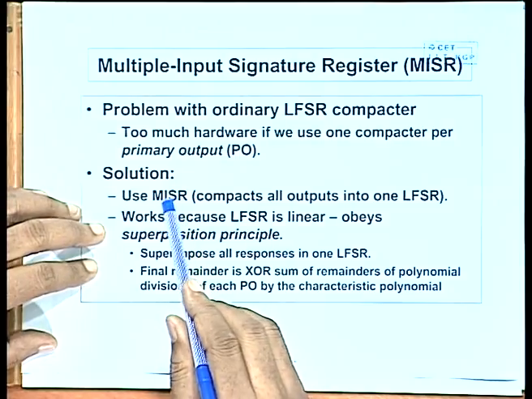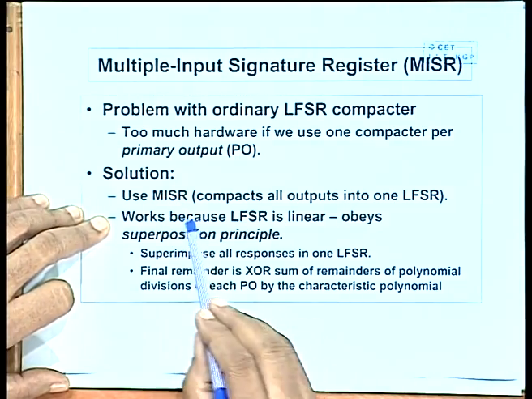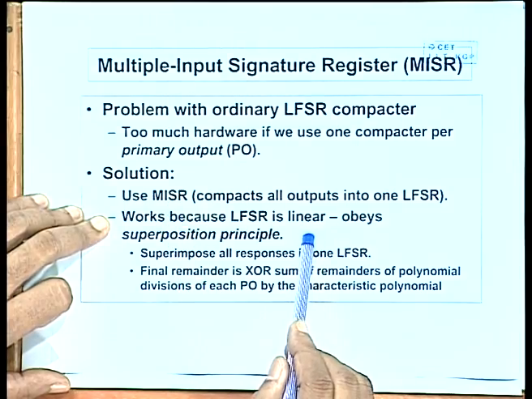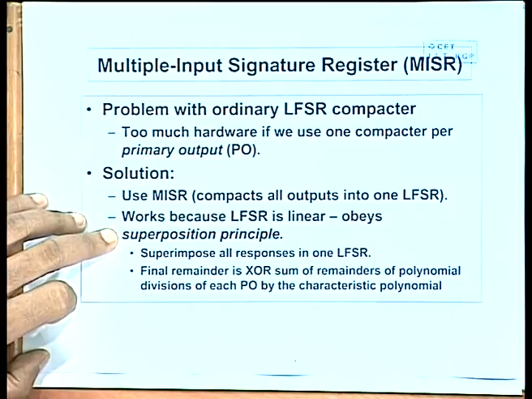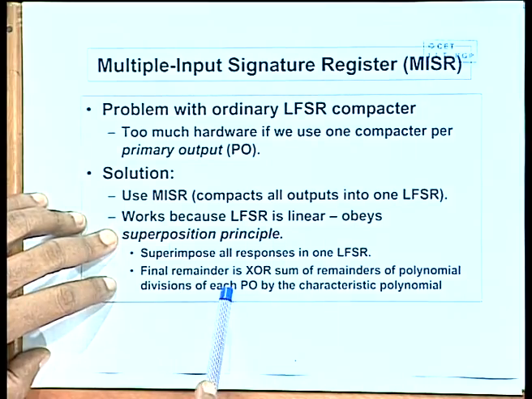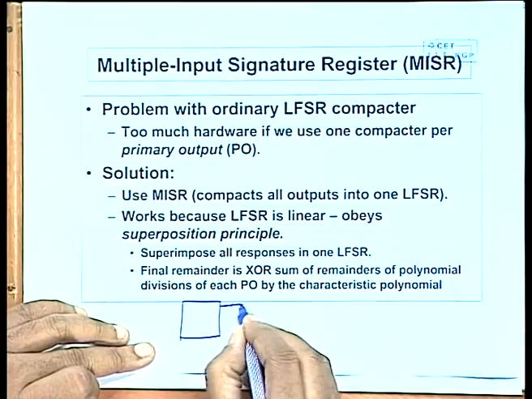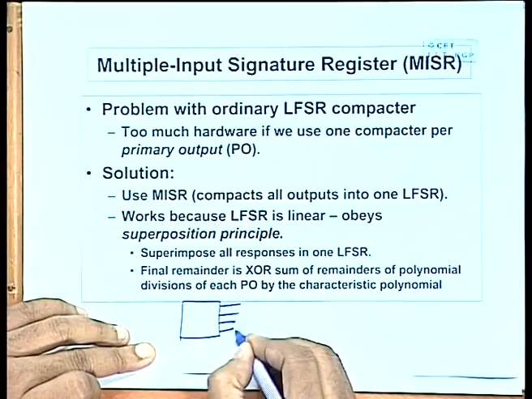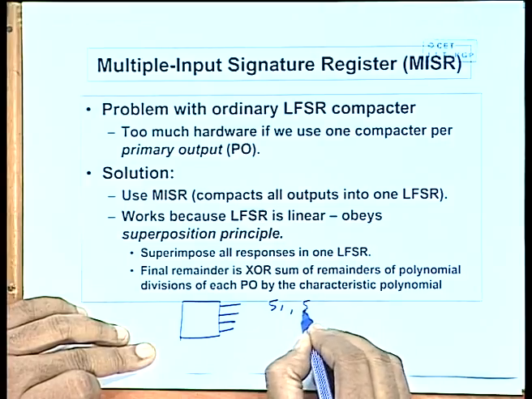Now, the way this MISR works is that because the LFSR has a linear property, I am not going into details of this, it obeys the superposition principle. So, suppose you have a circuit with 4 outputs. If you compress these 4 outputs individually, you will get 4 different signatures S1, S2, S3, S4.